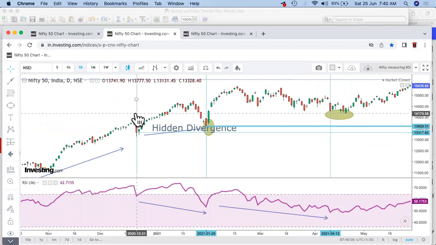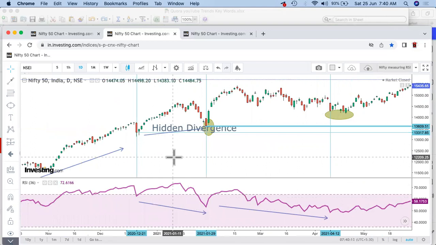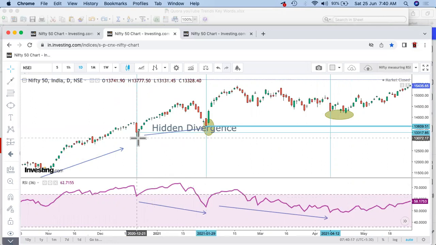Hidden divergence is the RSI moving below the low of the previous RSI, even when the price, the closing, has been on a higher side than the previous one, which is a higher low. So here we got a higher low, here also we got a higher low. But in terms of RSI, RSI here has been 62, RSI here has been 53, and if we go further, RSI had come down further to 48.